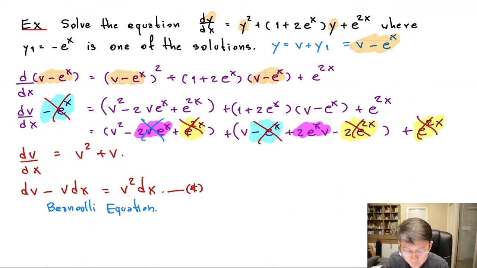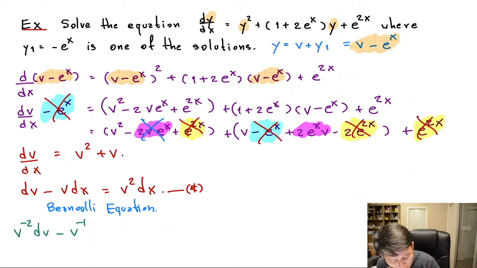Okay, so to solve this, I will divide the whole equation by v squared, so I get v to the power of minus 2 dv minus v to the power of minus 1 dx equals dx.